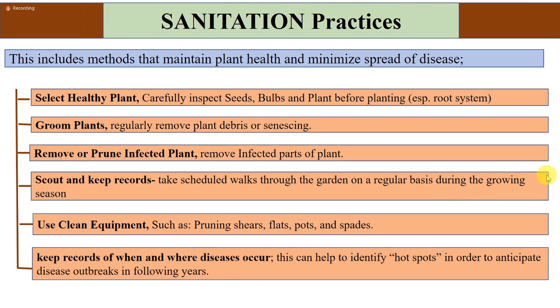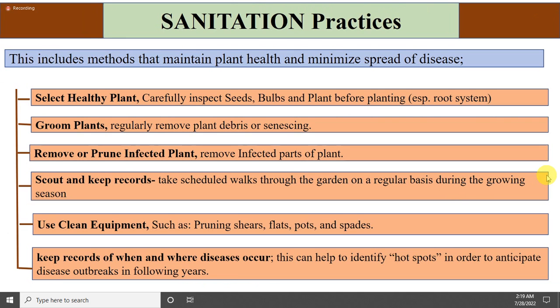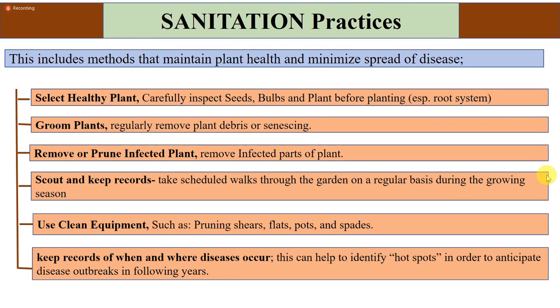So it should be very clear that we should remove the plant debris after harvesting the crops, and also remove or prune the infected plants. And you can say schedule walks to the garden on a regular basis during the growing season.